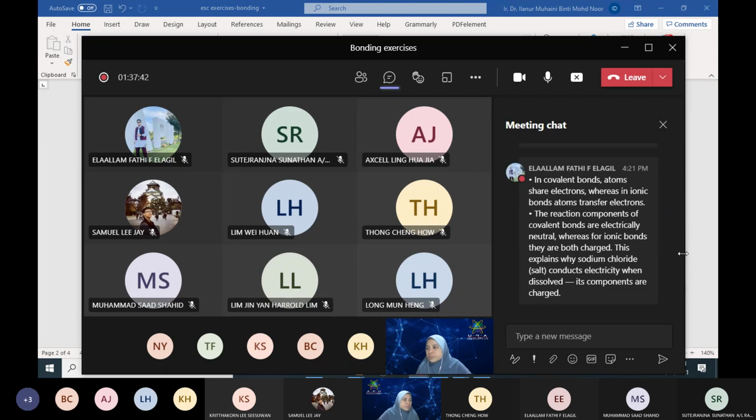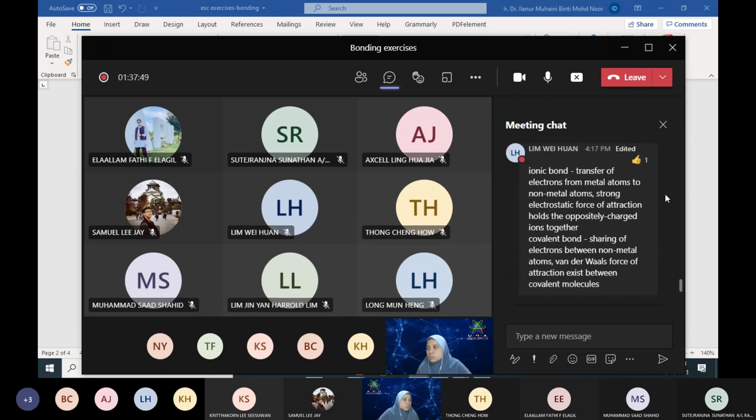Transfer of electron from metal to non-metal, 1 point. Strong electrostatic force of attraction holds opposite charges together, 1 point. Covalent bond, sharing of electron between non-metal atoms. Okay, 1 point. Van der Waals force of attraction between covalent molecules. Okay, so 4 marks here.